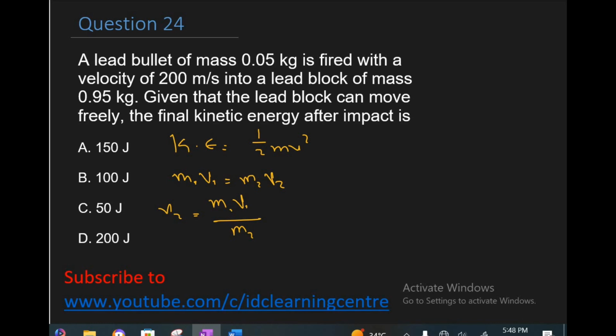Our v2 is going to be equal to our m1, which is 0.05, multiplied by our v1, which is 200, all over our m2, which is 0.95. So you multiply this, divide, and then multiply.